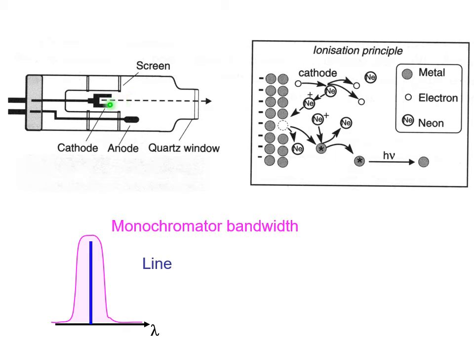So for each element, we have a specific lamp that produces spectral lines specific for this very element. Next, the role of our monochromator is only to select this line. Our monochromator can be of relatively poor quality and still can select the line out of a number of other lines.